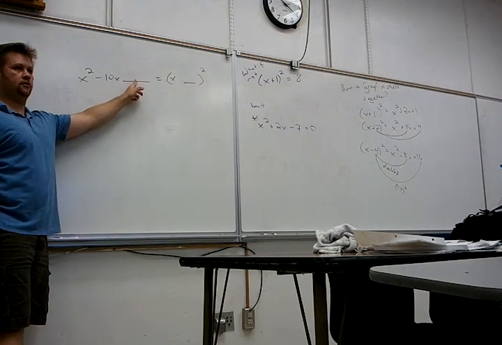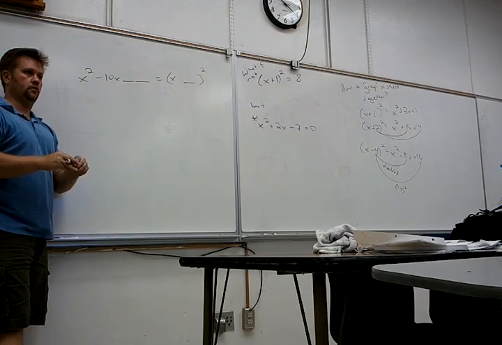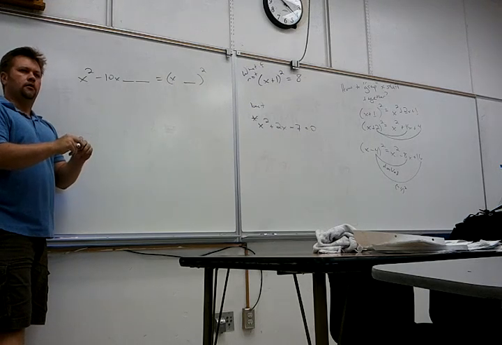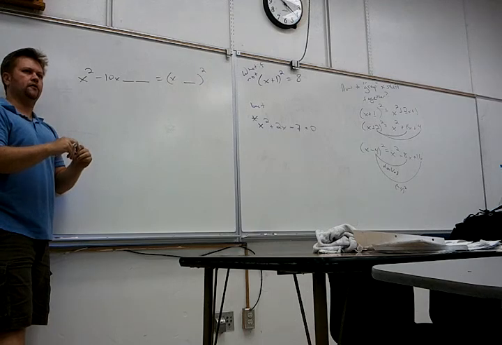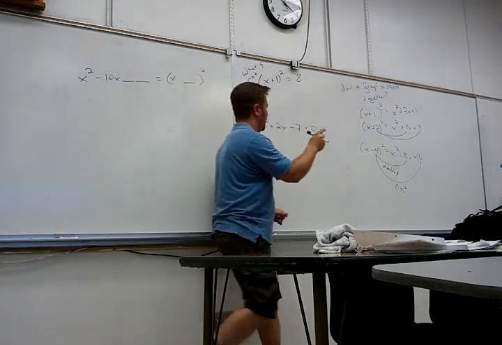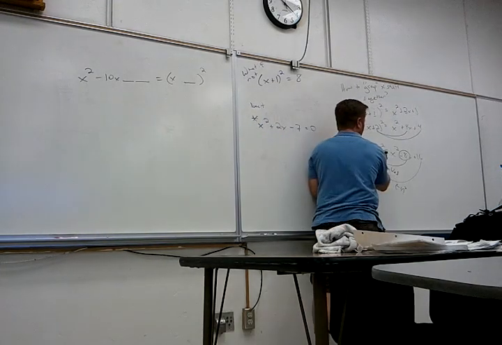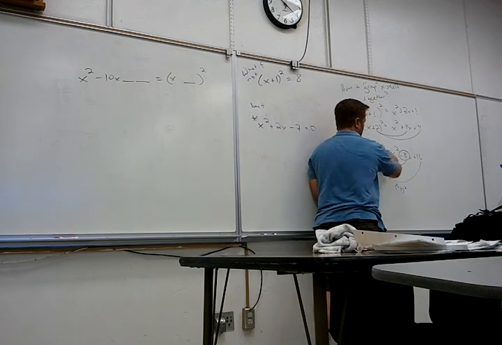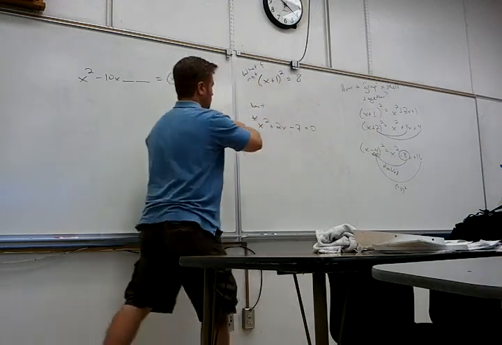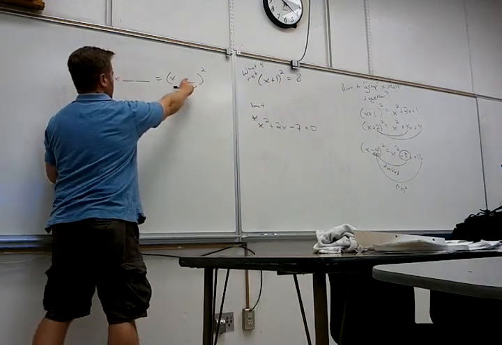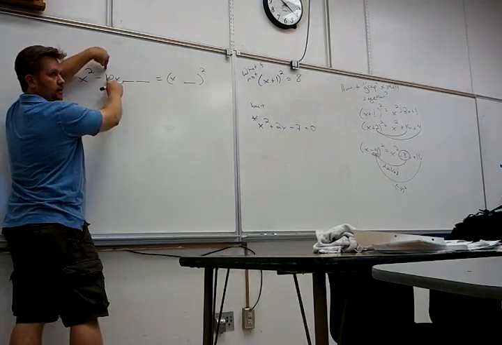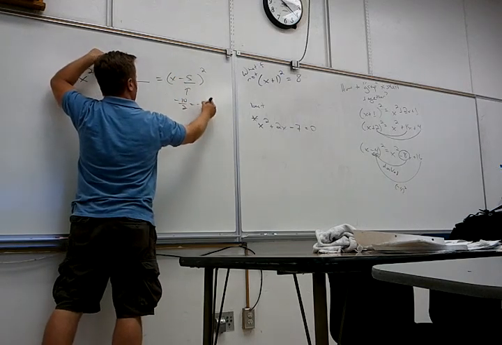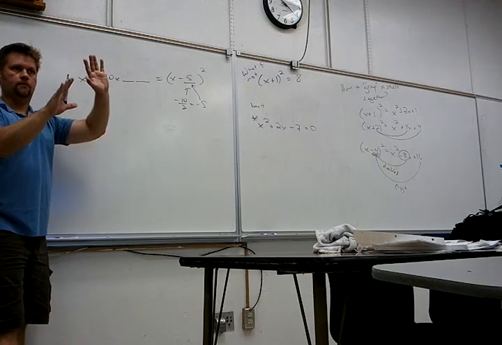What has to go there to make this work? Not quite. Five. 25. Now, remember, how do we figure that out? The number that is here is how related to this? That is double this. So this is half of that, right? So what number has to go here, actually? We can start there. It would have to be minus 5. It would have to be half of that. Negative 10 cut in half is negative 5. That's the number that goes in there.